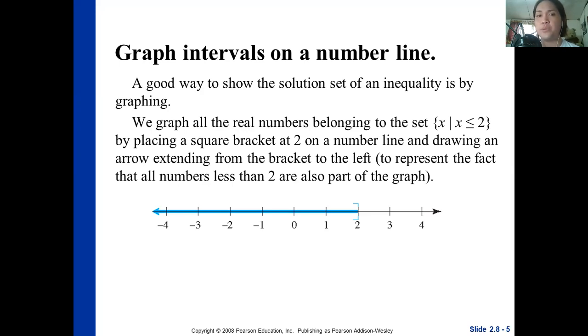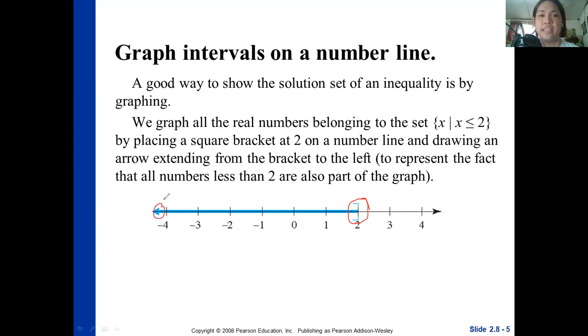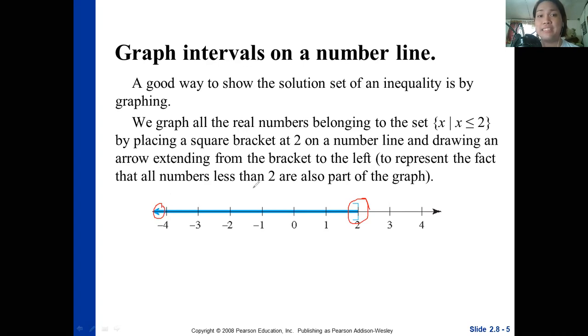We graph all the real numbers belonging to the set {x such that x ≤ 2} by placing a square bracket at 2 on a number line, and drawing an arrow extending from the bracket to the left to represent the fact that all numbers less than 2 are also part of the graph. In this given inequality, x is less than or equal to 2.